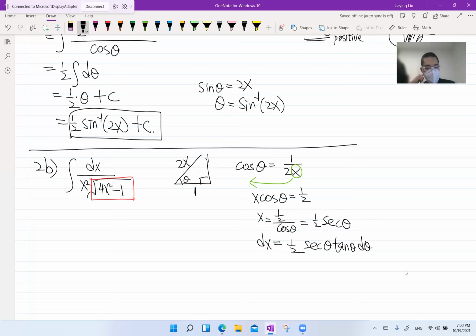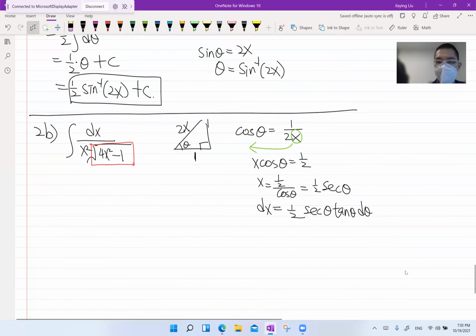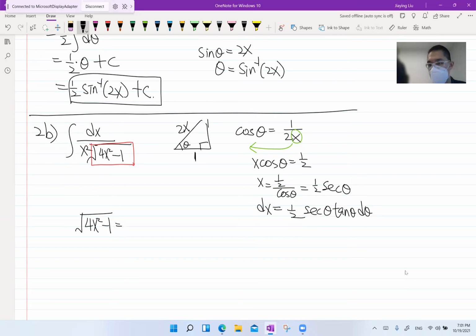Hopefully I'm not making mistakes there. That's the derivative of secant. And on the left side, the space I have, I'm going to calculate the square root of 4x squared minus 1 by plugging in the x value. Did I make a mistake here?